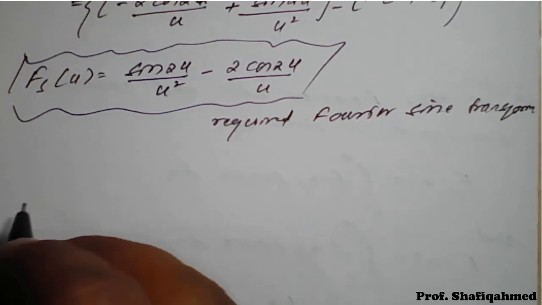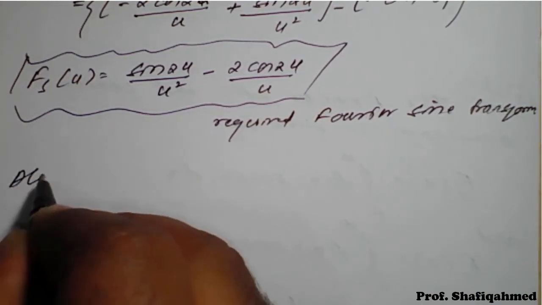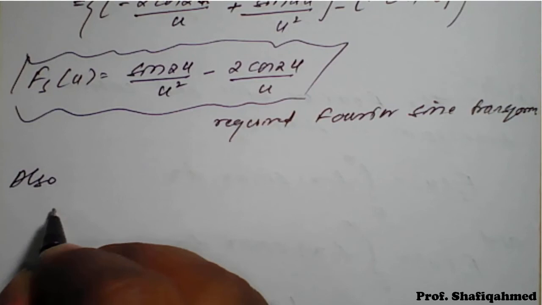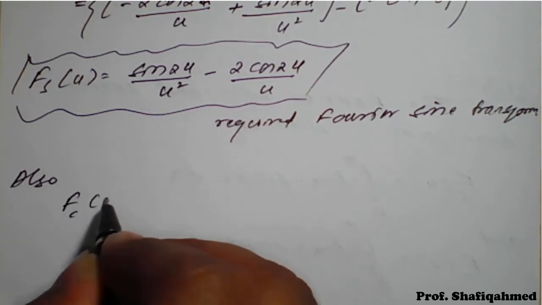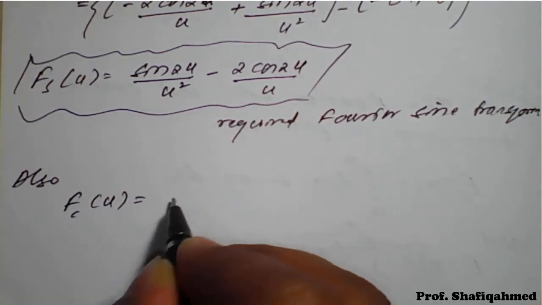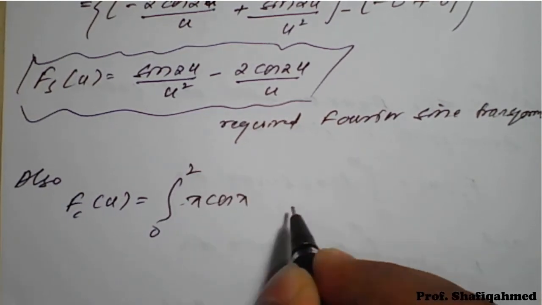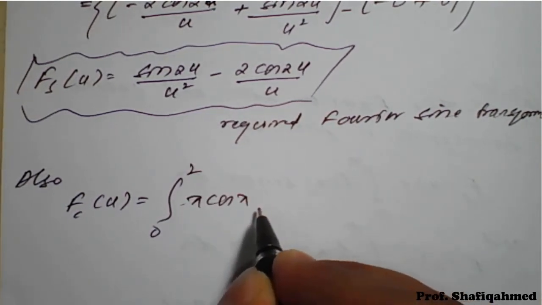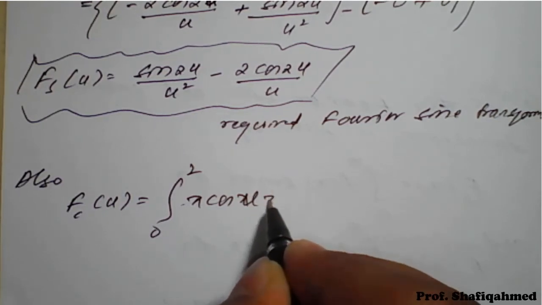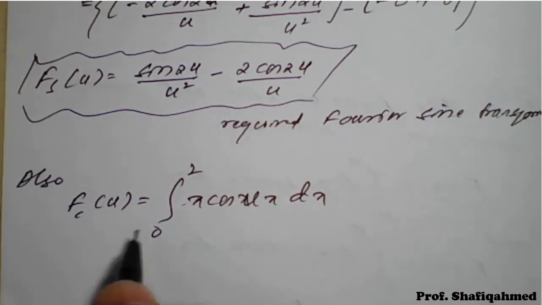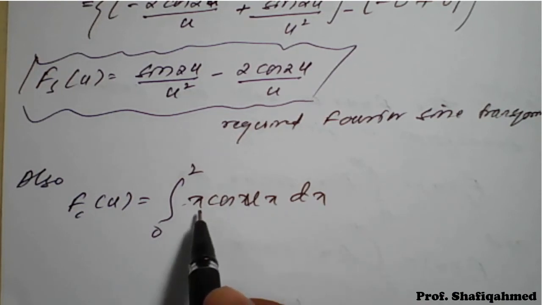Now we'll find the second one also. We know that fc of u is equal to the integral 0 to 2 of x cos ux into dx, because f of x is x only here.